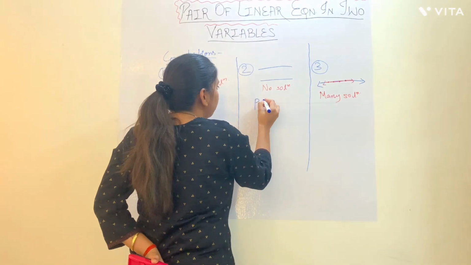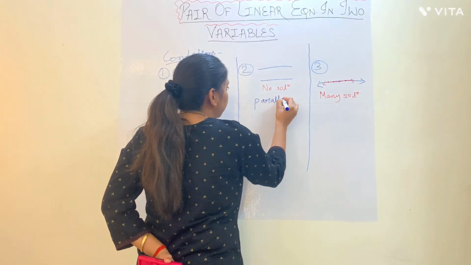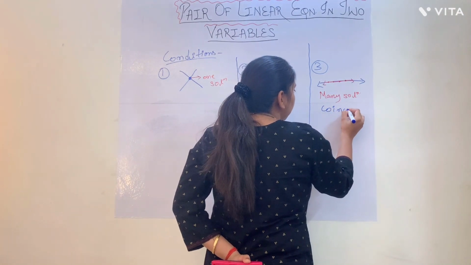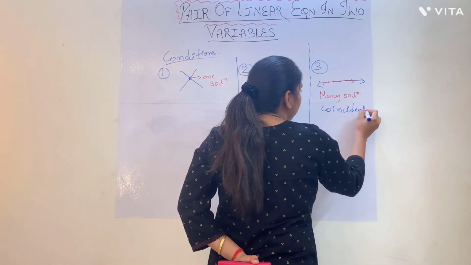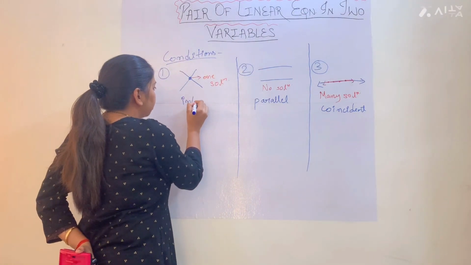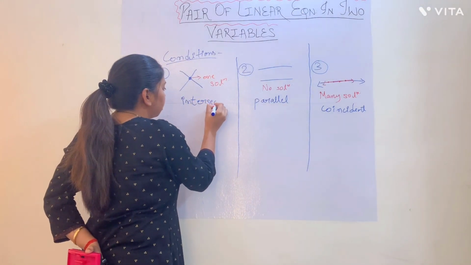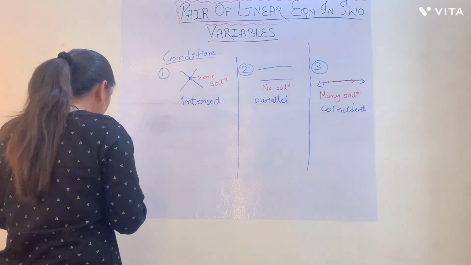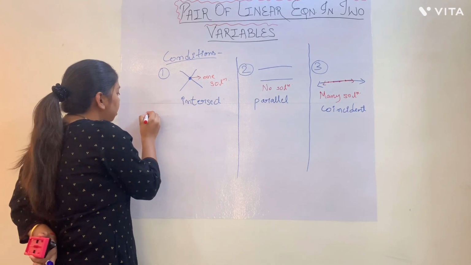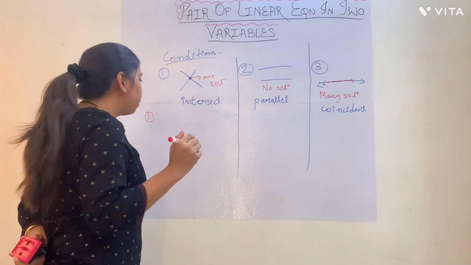This one is parallel. This one is coincident. In intersecting lines, there is only one solution.